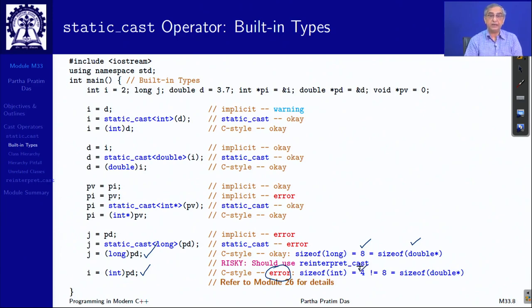So, this is a necessity that when we convert pointer to integral type, the integral type must be large enough to hold the pointer. So, that same error will continue, and the takeaway here is static cast cannot be used for these conversions, and we need a separate cast operator for this, and never use the C style casting.